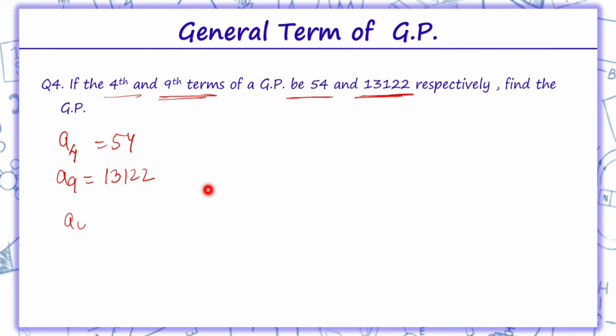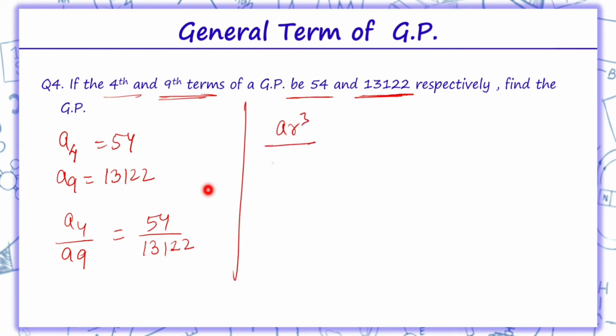So what we will do over here is A4 divided by A9, thus we get 54 by 13122. A4 can be written as AR to the power 3 and A9 can be written as AR to the power 8.